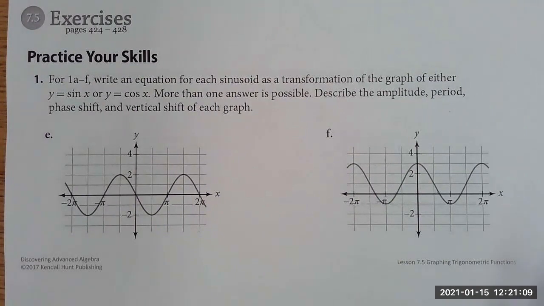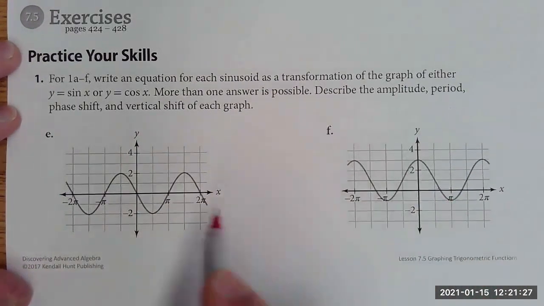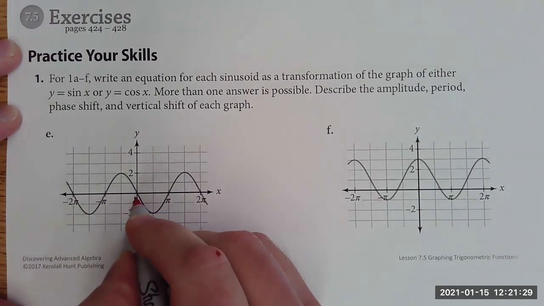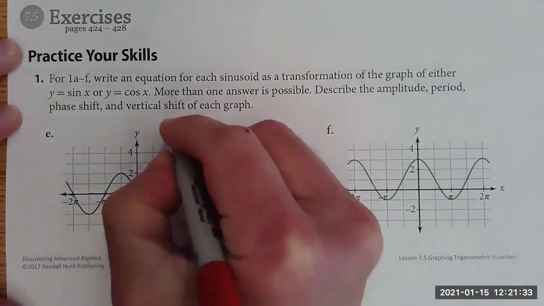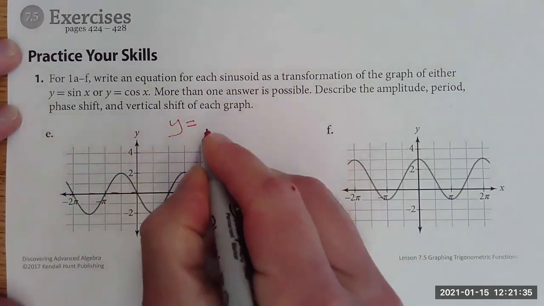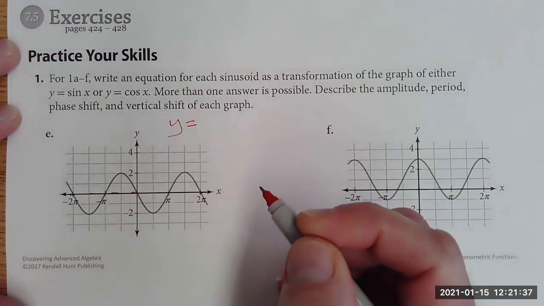All right, so let's use these steps. Look for a midline, look at the distance between the midline and the minimum and maximum, choose whether or not to use sine or cosine, look for a horizontal phase shift, and then finally, what is the period? For 1e, midline. My midline is the x-axis, so I do not have any vertical shift.